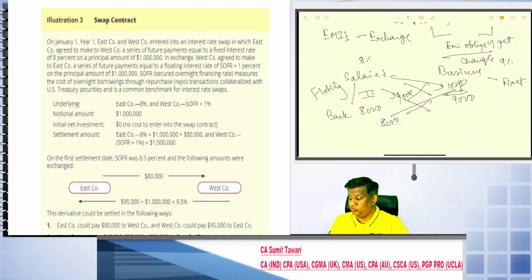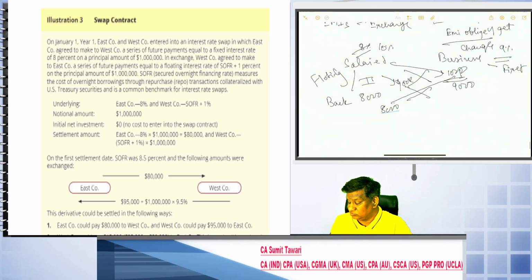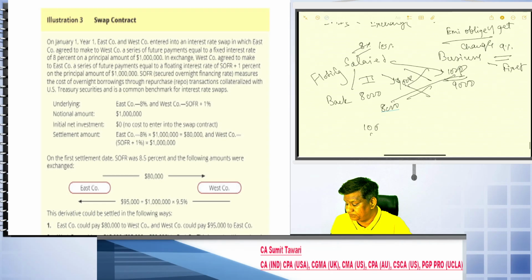Tomorrow the interest rate, like the businessman's interest rate is fixed at 9%, but this rate increased to 10%. So the obligation here is 10,000, and here it is 9,000 fixed. In that situation, again the 9,000 obligation is taken care of by the salaried person and the 10,000 obligation by the businessman.